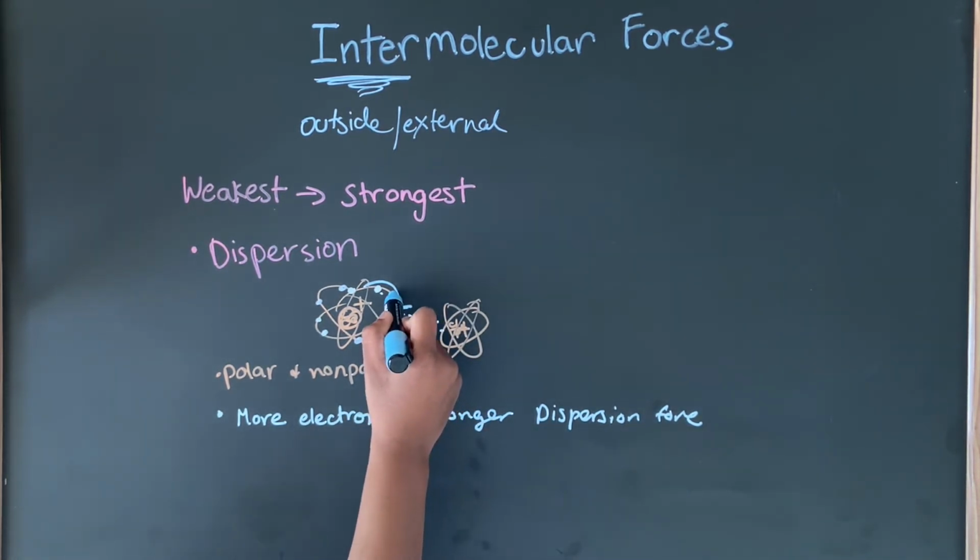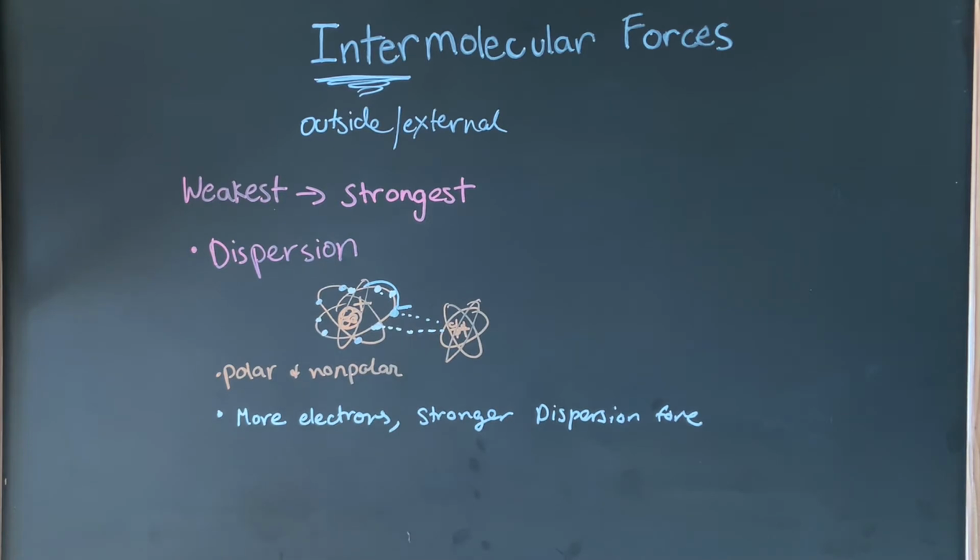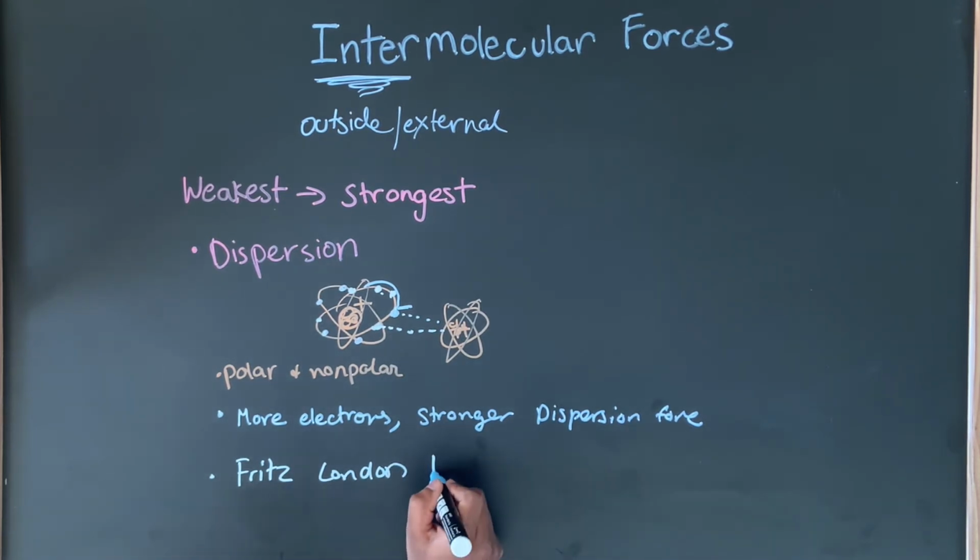So the more electrons there are, the stronger the dispersion force is going to be. And finally, they're also known as London dispersion forces, named after the physicist Fritz London. Fritz London discovered dispersion forces around 1930.